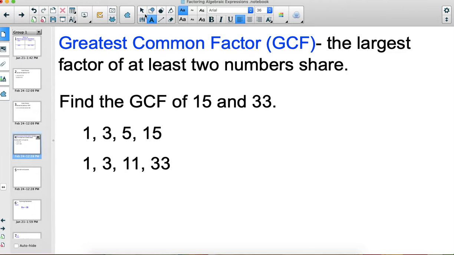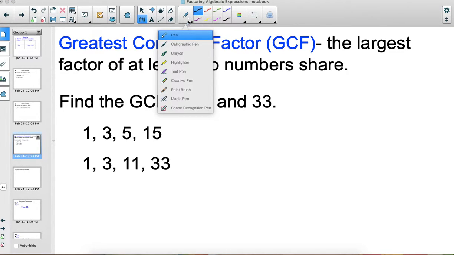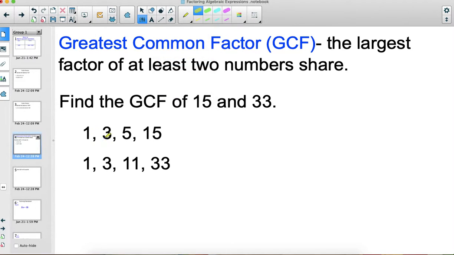So it looks like the greatest common factor is going to be 3. If you have smaller numbers, this strategy is pretty good. If you are doing larger numbers, it could be a little tedious. You might forget factors. There's another way to do it.